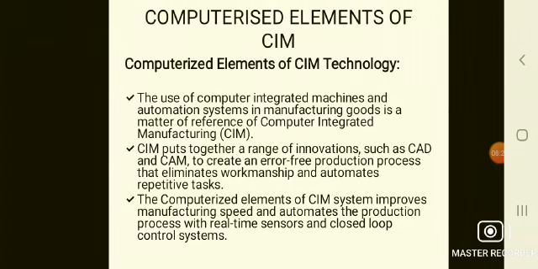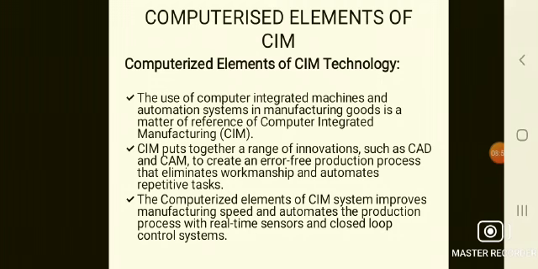The use of computer integrated machines and automation systems in manufacturing goods is referred to as computer integrated manufacturing. CIM puts together a range of innovations such as CAD and CAM to create an error-free production process that eliminates workmanship errors and automates the repetitive tasks.